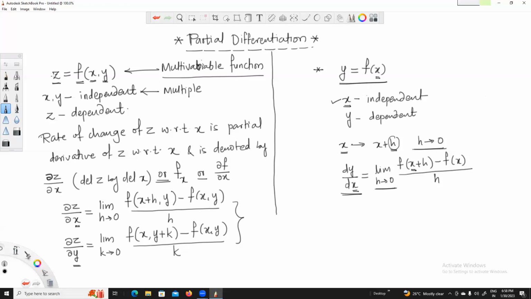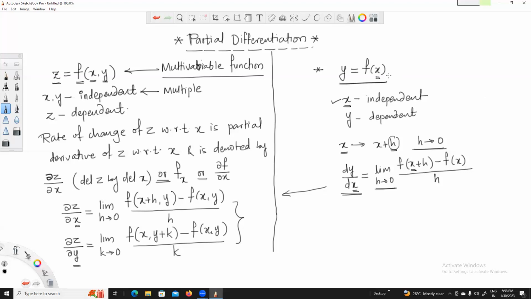As z depends on both, I can define the rate of change of this function with respect to these independent variables separately, which we call partial derivatives. And this is how we exactly define them, exactly similar to what we have defined for a single variable function, which is y equal to f of x. So these are the basic definitions.